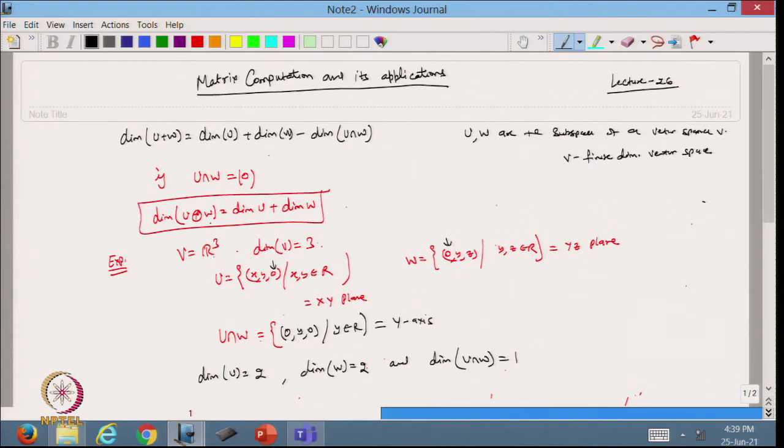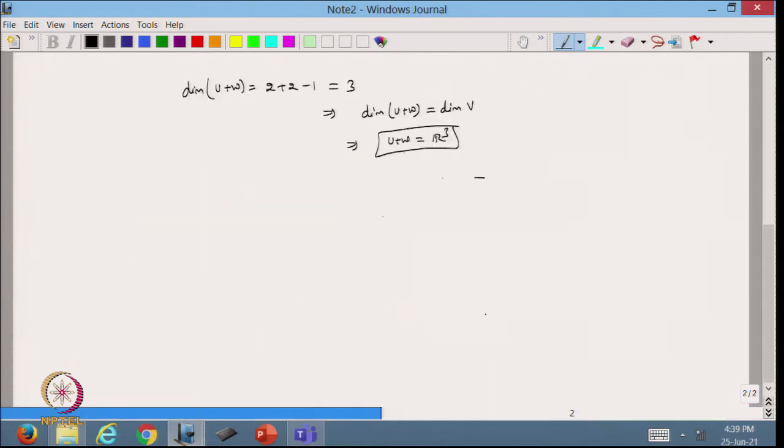We know that U plus W is spanned by the bases of U and W.